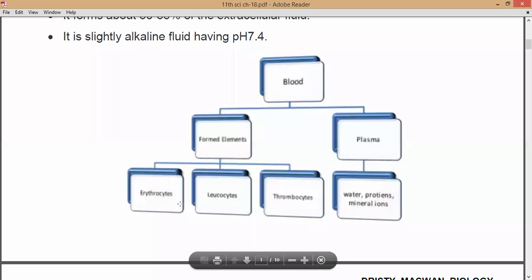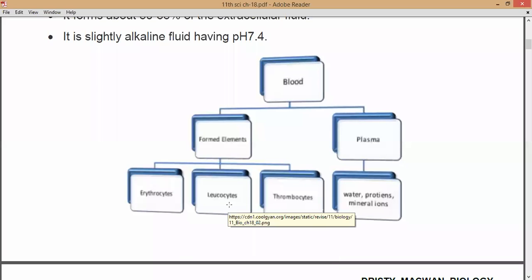Erythrocytes are the RBCs, that is red blood corpuscles or red blood cells. Second is leukocytes. These leukocytes are nothing but the WBCs, that are white blood corpuscles or white blood cells.